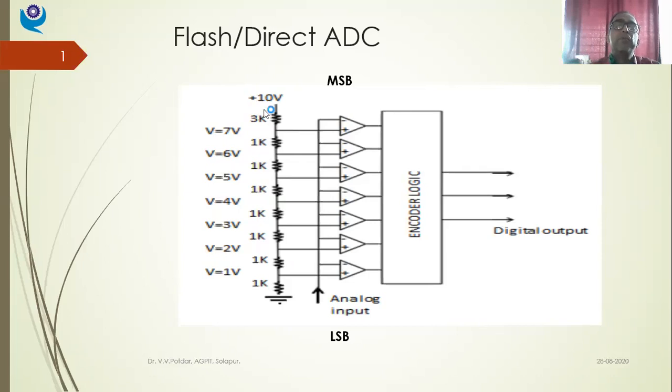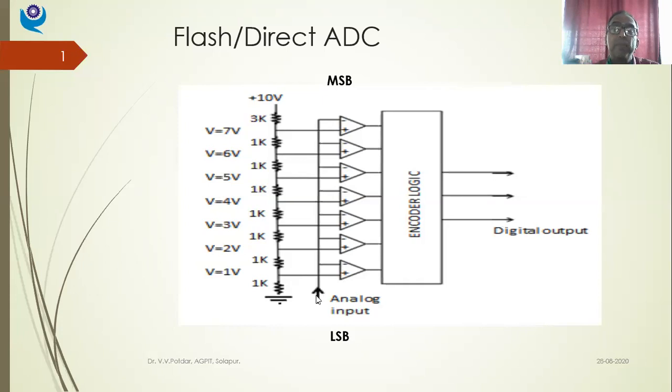We have seen two types of ADCs. This is the third type of ADC, wherein we are giving some reference voltage to the non-inverting terminal of the op-amp, and all the inverting terminals are connected, and to the inverting terminal we are going to provide this analog input.